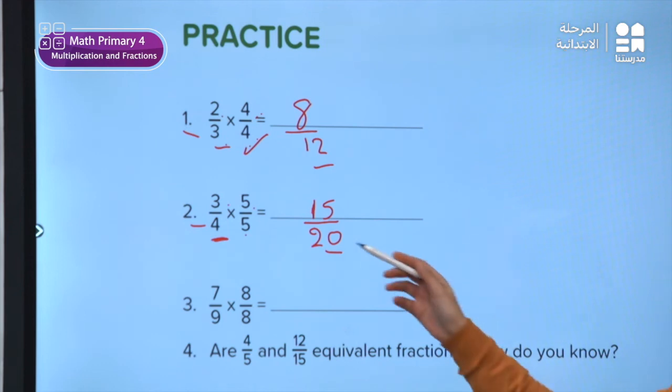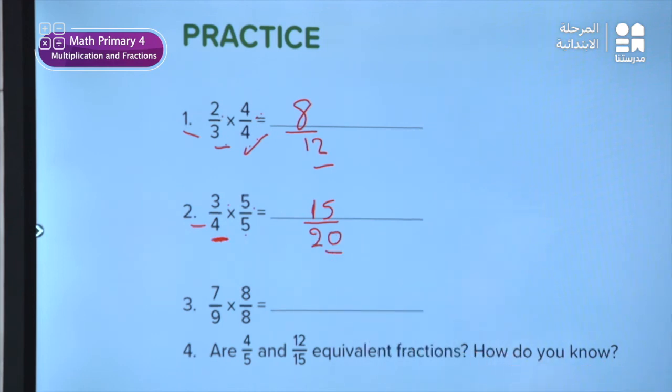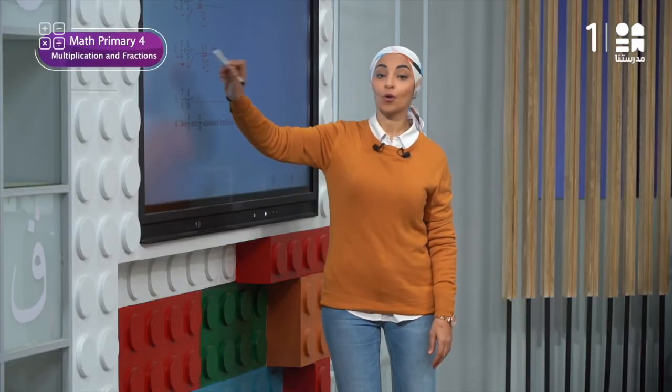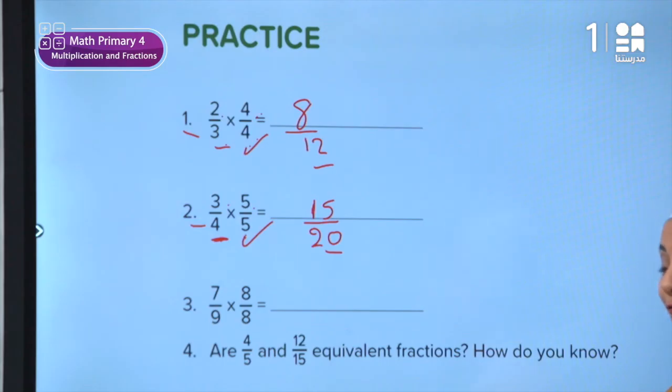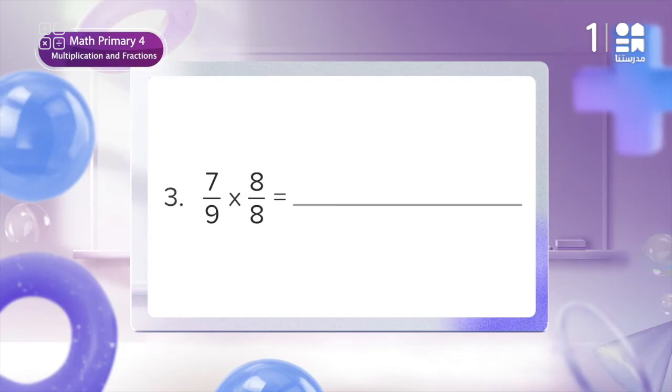Right? Why is 15 over 20 an equivalent fraction to 3 over 4? Because I multiply 3 over 4 by a whole 1, which is 5 over 5. Right?